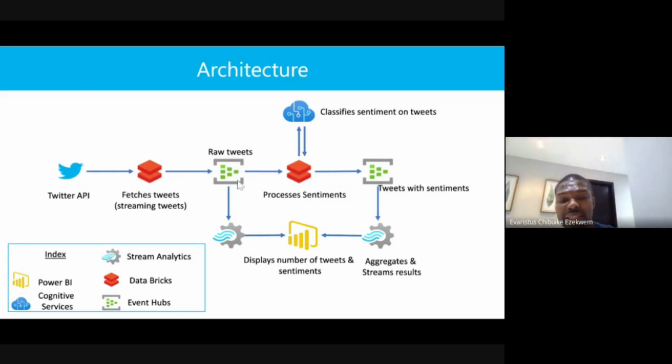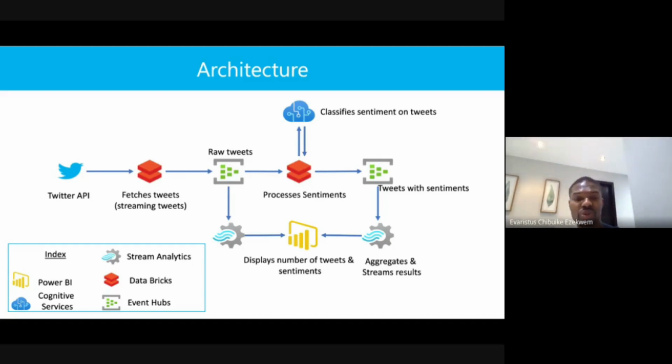So the next part is this part, right? We aggregate these tweets and count the number of tweets: how many tweets are coming from Mr. A, how many from Mr. B, and how many for both of them.